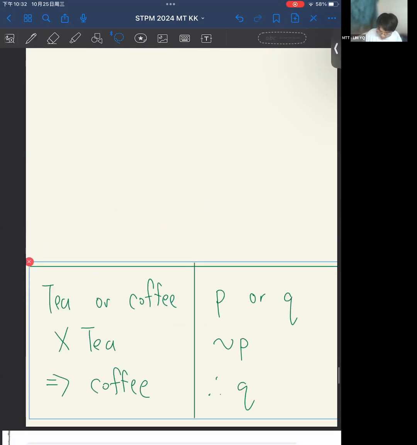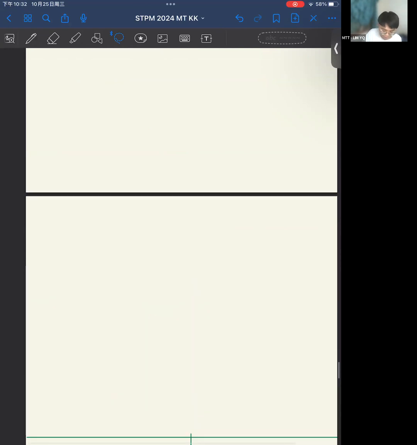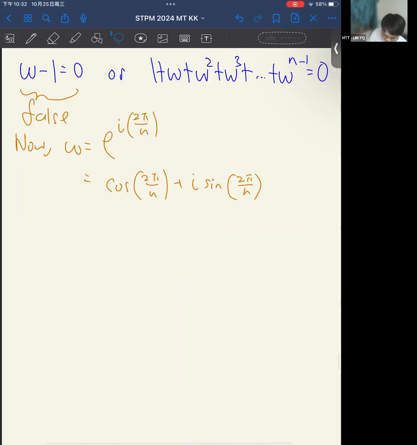Today is so much stuff, but because this is a coursework, it's okay, we do some extra. Assume this is true. We want to make some contradiction. If we can make a contradiction, meaning that this is false. This is the mathematical logic. Assume this is true.